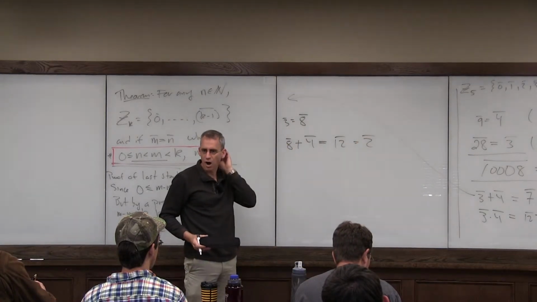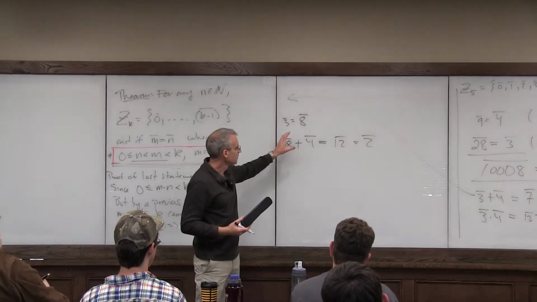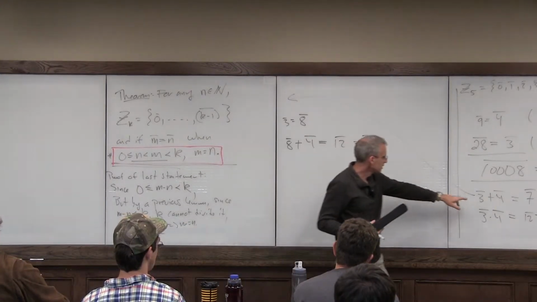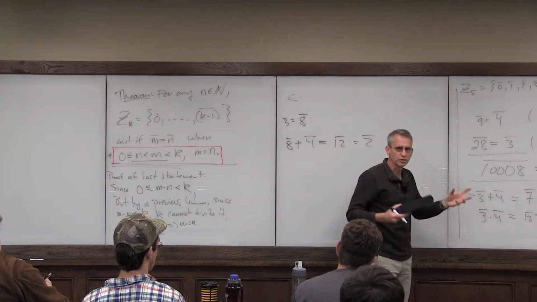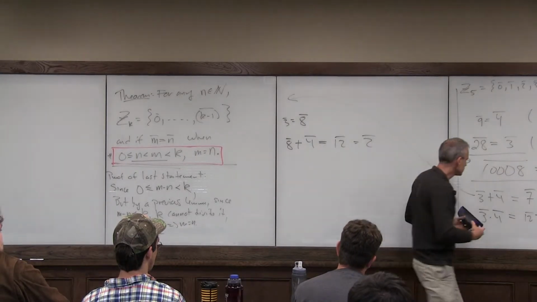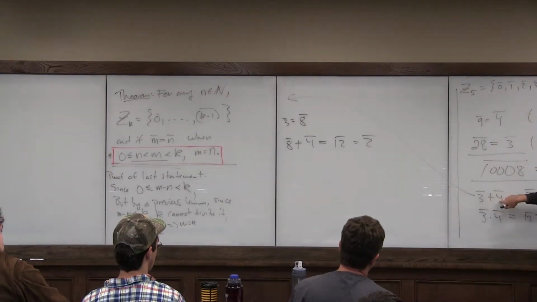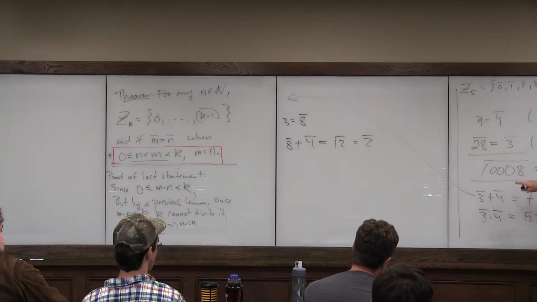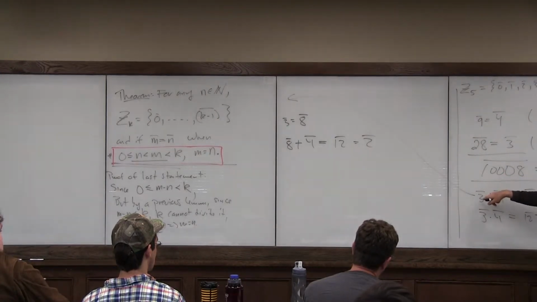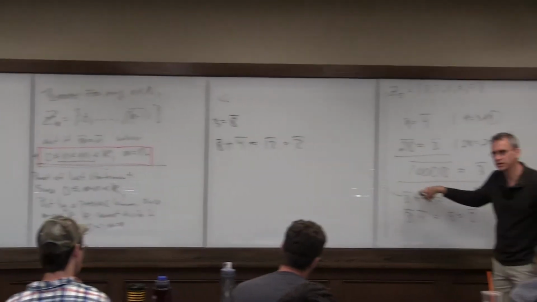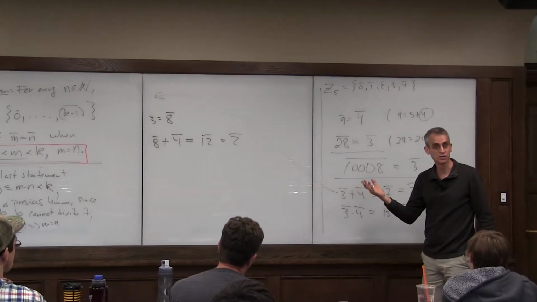But do you understand the problem here? I have to be a little careful because what if I picked a different number in this equivalence class? If I'm going to define it this way, I should get the same sum.